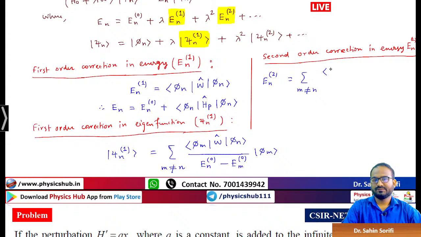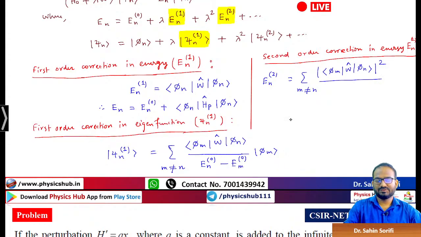Here it was only phi m W phi n, but now it will be mod square, divided by En0 minus Em0, which remains as it is, and the phi m will not be there, only m not equal to n. Why? Because if m and n are equal, this denominator will become 0 and that will make this term diverge. That is why m not equals n.